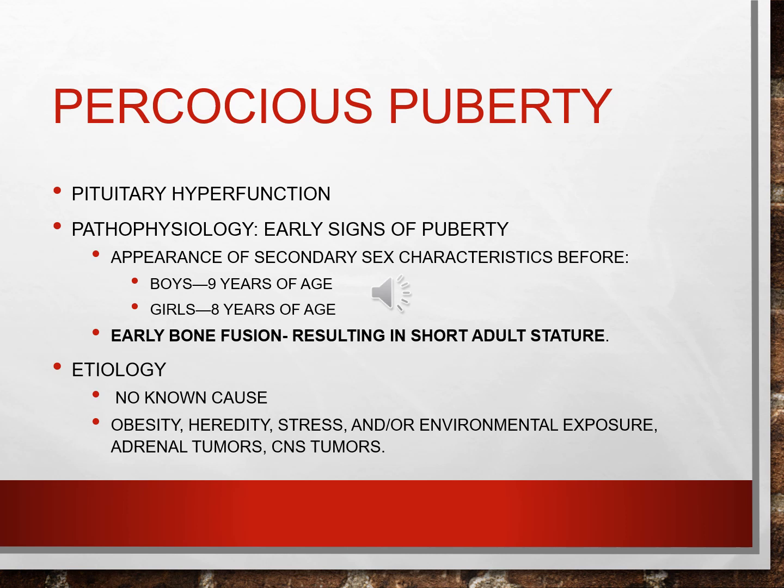However, they think that oftentimes it can be caused by a tumor or a genetic condition, which is really rare, or again, there's just no known cause. Obesity, hereditary factors, stress or environmental exposures, adrenal tumors and central nervous system tumors can also come into play with this.